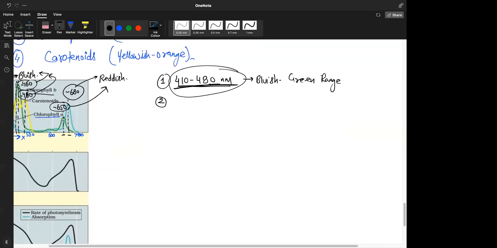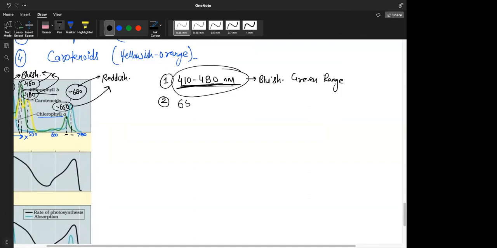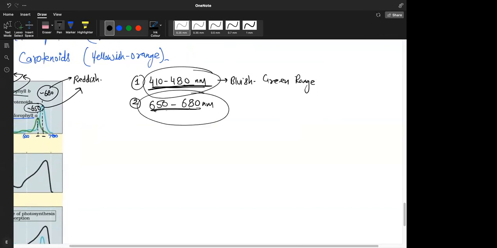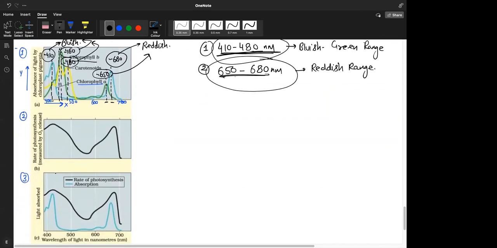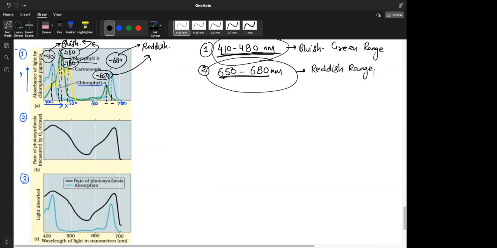And what is the second range in which they absorb? 650 to 680 nanometer, which is this range. Which is this range? Reddish range. So this information comes from graph number 1. Is it clear, everyone? Yes, sir. Iram, graph number 2. What does this tell you about?